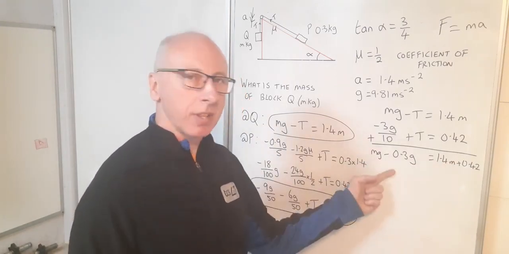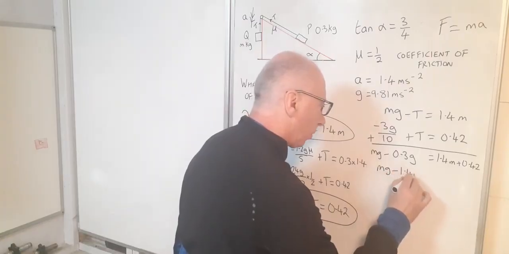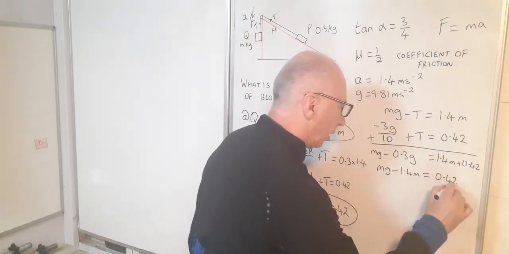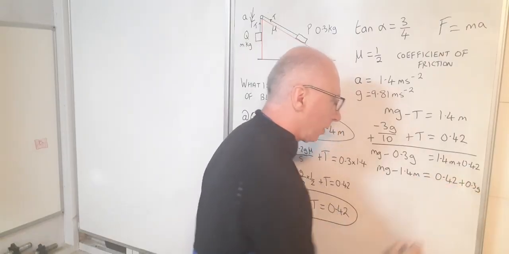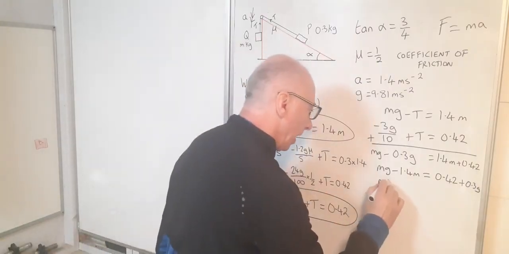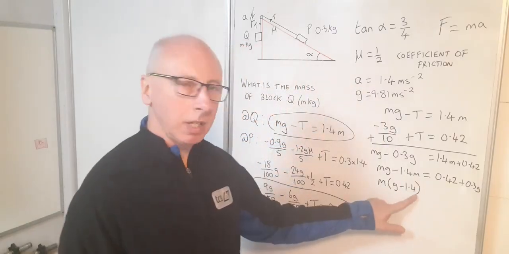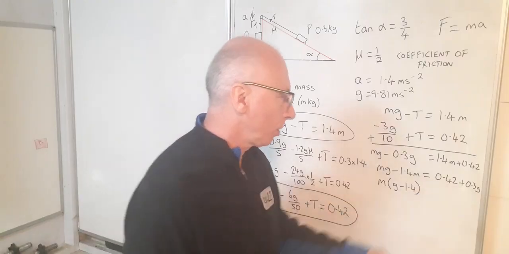If I bring this over this side, I've got mg minus 1.4 m, then I've got 0.42 plus 0.3g. Now let's factor out the m. So m(g minus 1.4), that looks good to me. And then I've got that there, which is 0.42 plus 0.3g.